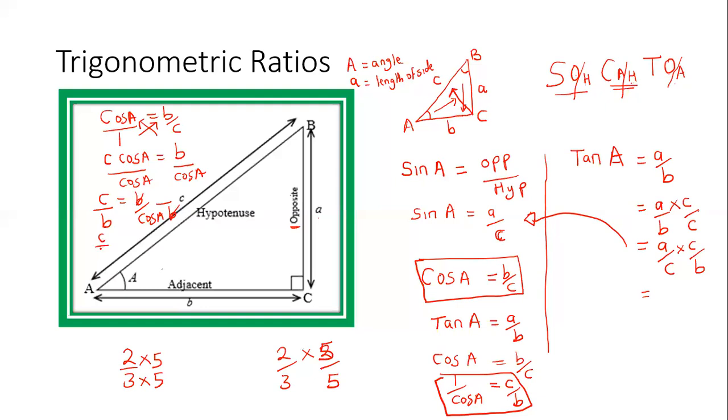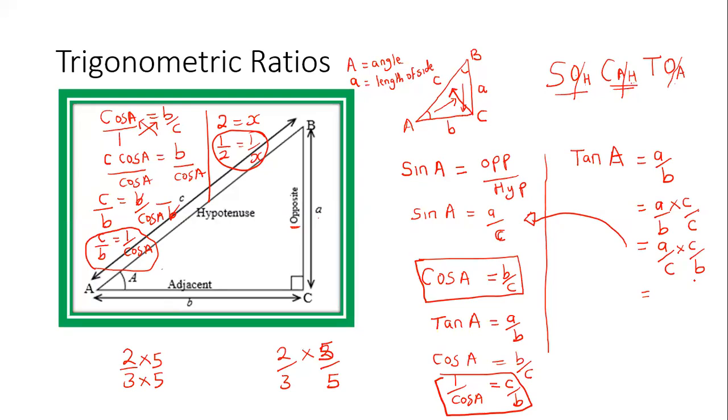So I remain with C out of B is equal to 1 out of cos of A. In simple terms, when I have 2 is equal to X, when I get a reciprocal, I can say 1 out of 2 is equal to 1 out of X. These are the same things. So when we get the reciprocal for our cos, you can interchange. This is the mathematics behind why C out of B is the same as 1 out of cos of A.